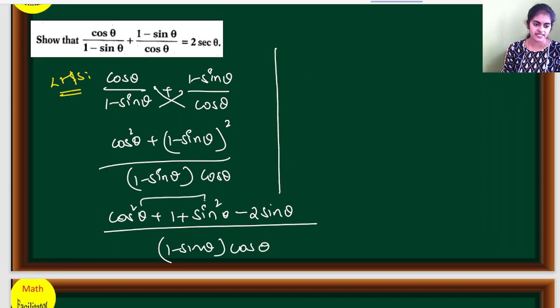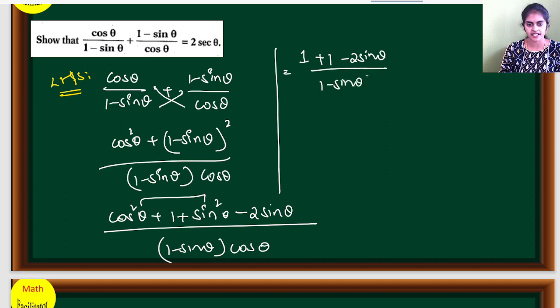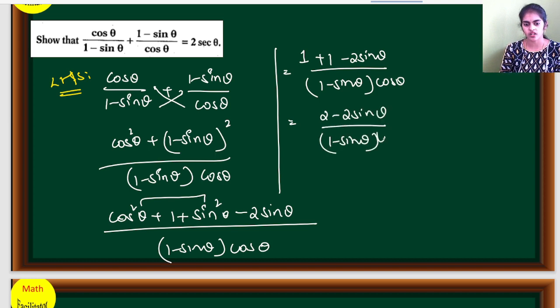So cos square plus sin square is how much? 1. Okay, plus here there is already a 1, minus 2 sin theta, whole divided by 1 minus sin theta into cos theta. So that is equal to 2 minus 2 sin theta whole divided by 1 minus sin theta into cos theta.